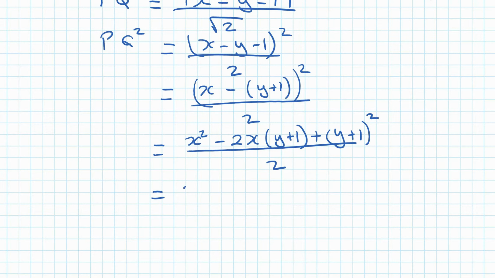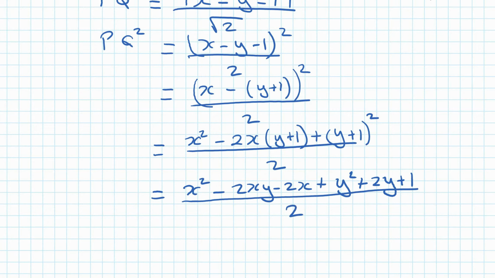So which gives me x squared minus 2xy minus 2x plus y squared plus 2y plus 1, all over 2. Now I just simplify. Can I simplify anymore? No, I can't. That's it. So that is PQ squared.